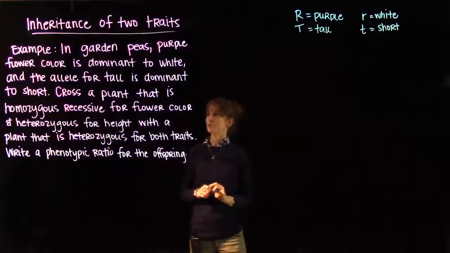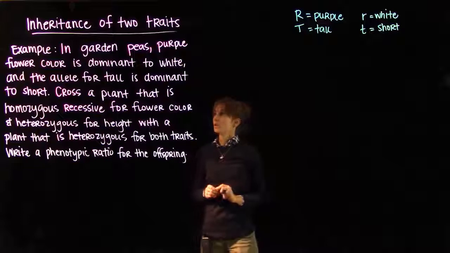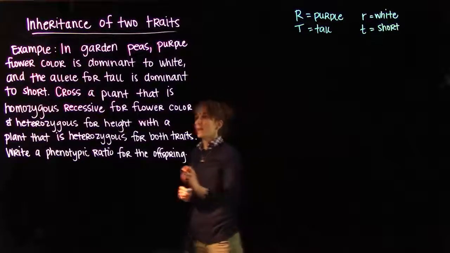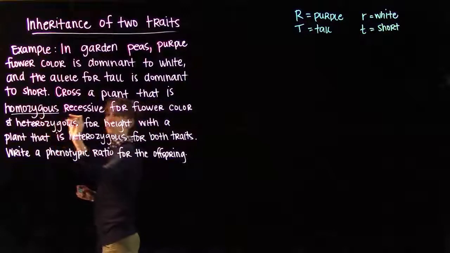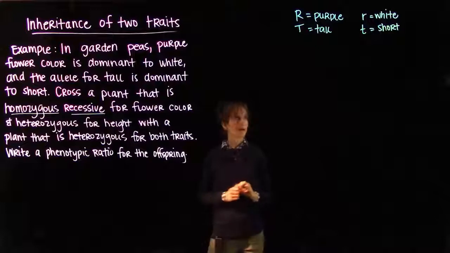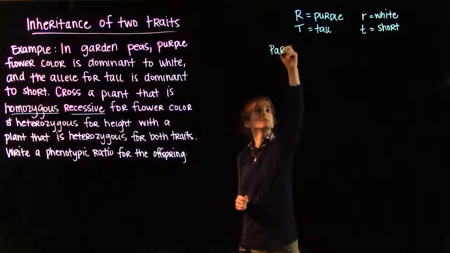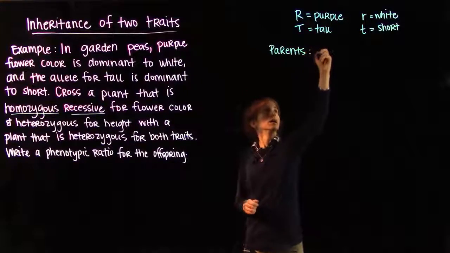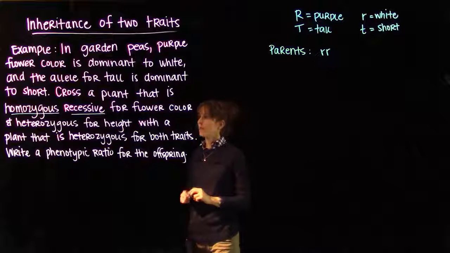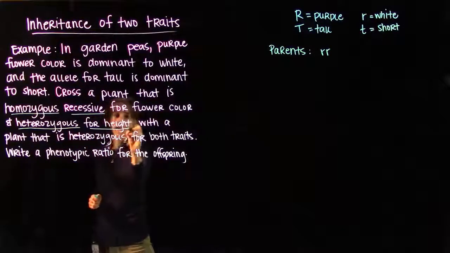Okay, the next step is to write the genotypes of the parents. So we are told that our first parent is homozygous recessive for flower color. That means that the first parent is little r, little r, and heterozygous for height.